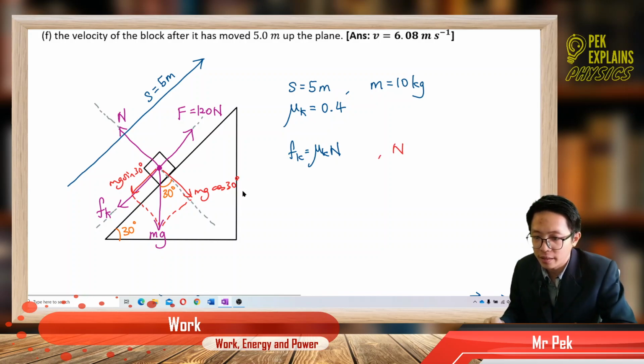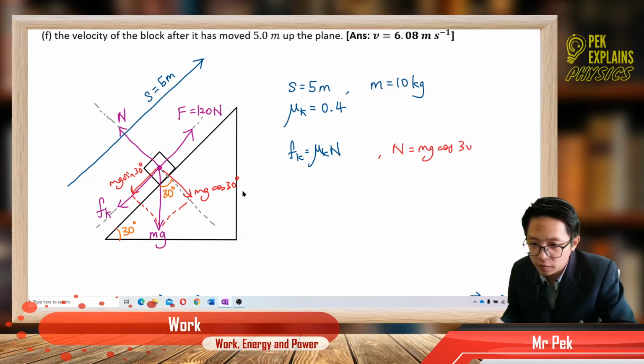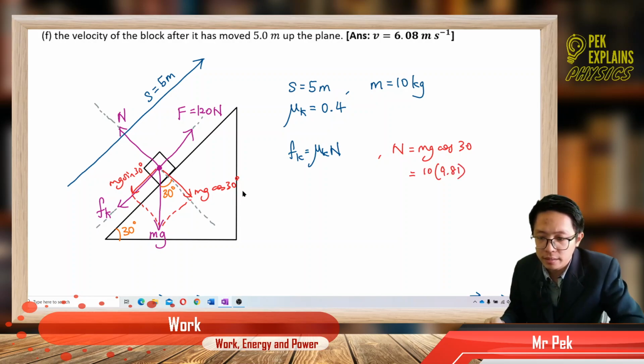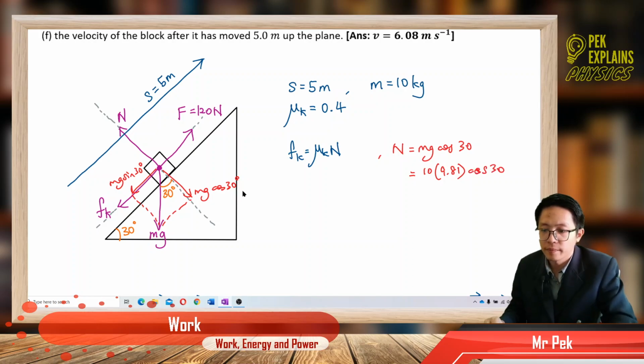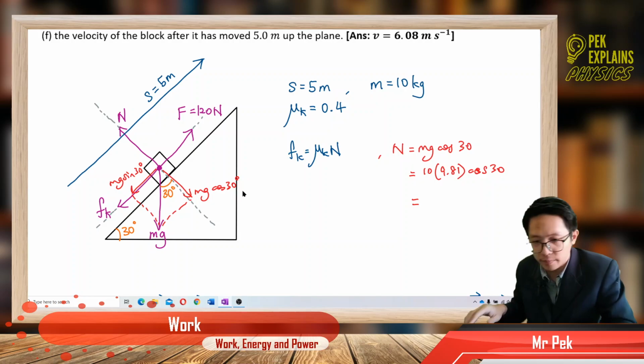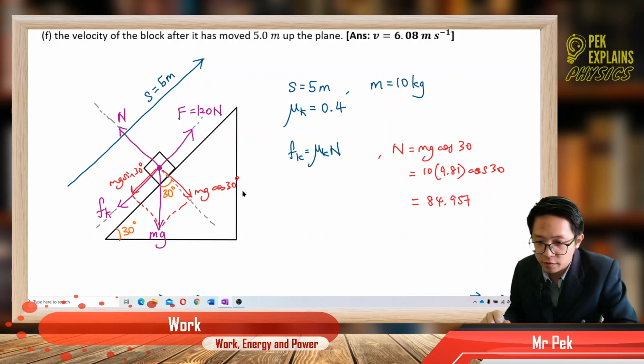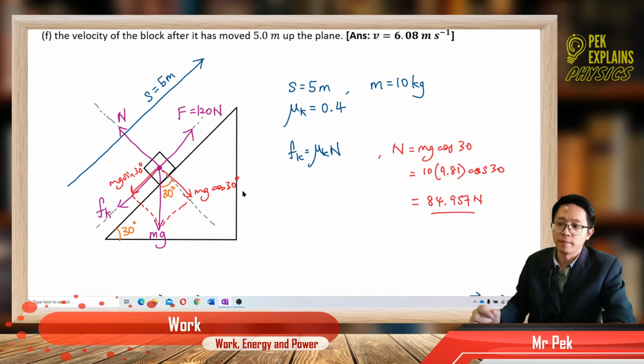Then we could just substitute all the values: the mass 10 kilogram, cos 30. So we will get 84.957 Newton. That is the normal force.